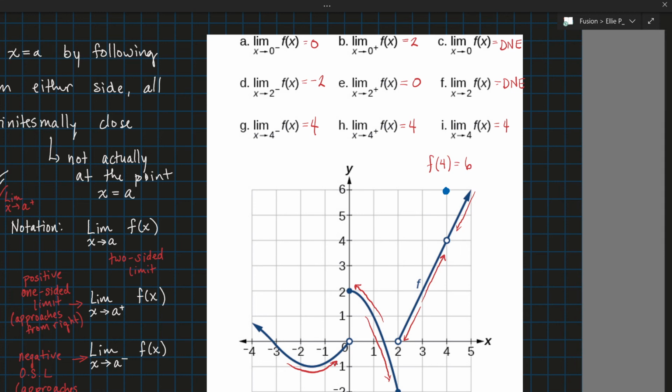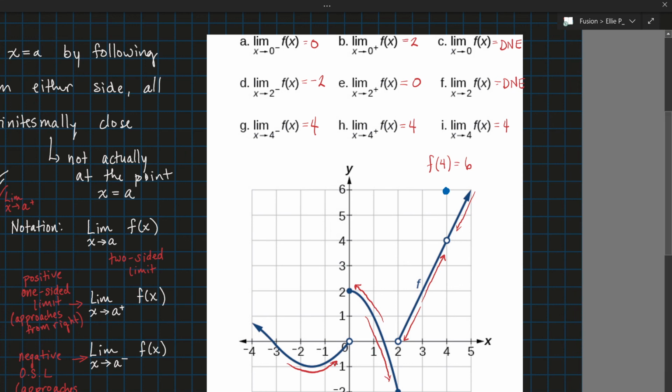That's why I wanted to put that in there, because sometimes you'll see that you have a two-sided limit that exists, but because the point is defined elsewhere, both the limit and the function are defined, but they're still two different values. It's because of the method of finding limits: we're not actually going to that point, we're just inching ever closer to it.